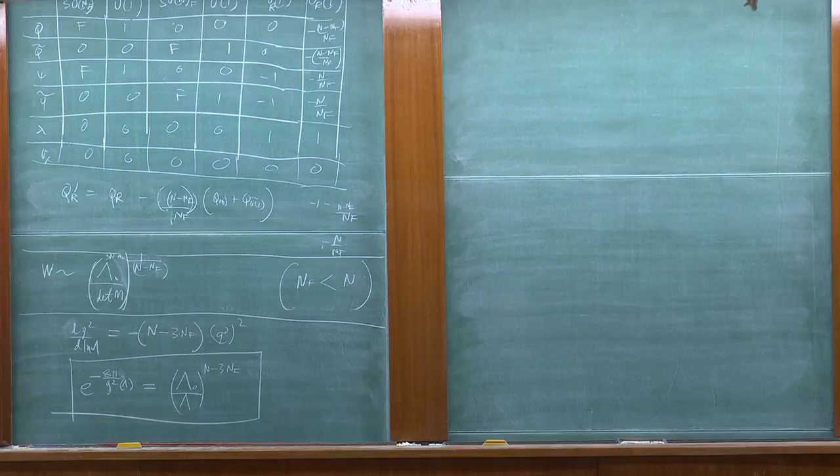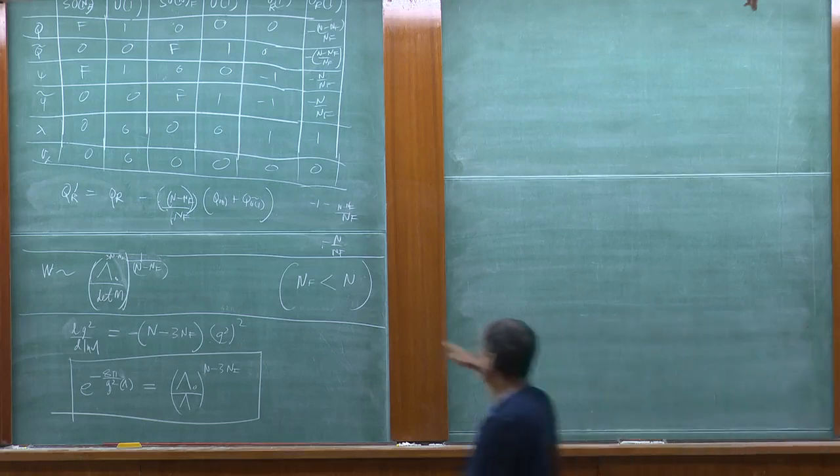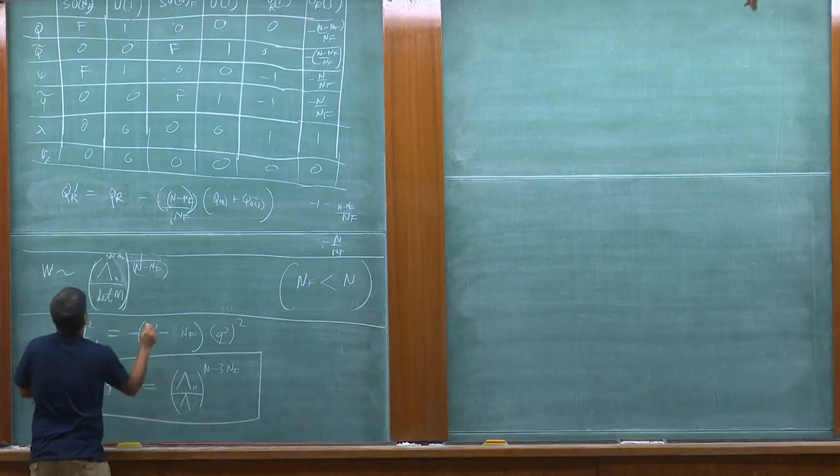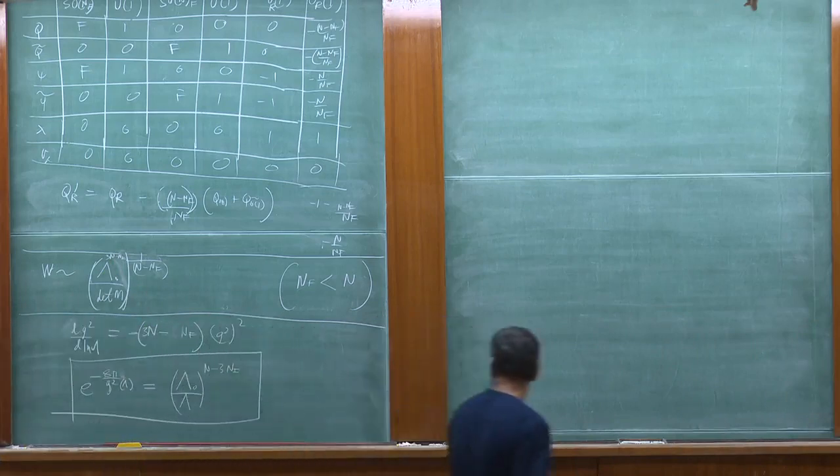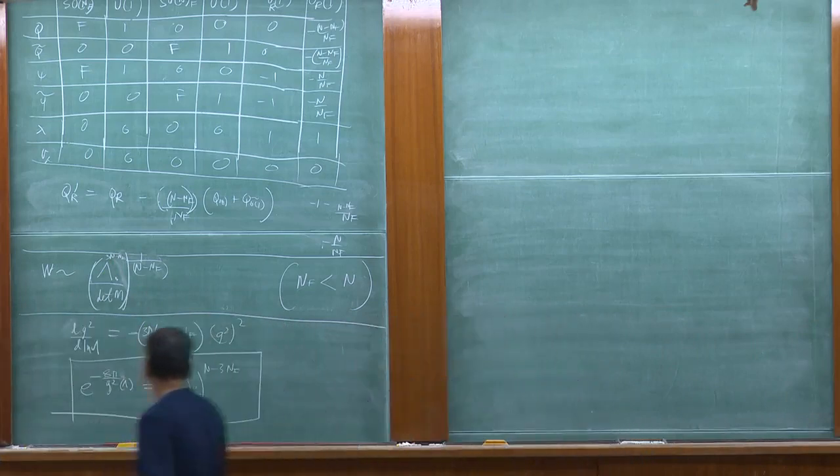First place that's of interest is nf equal to 3n. Have I got this right? It's 3n minus nf. Sorry, this was 3n minus nf. Yeah, thank you. It would not work.